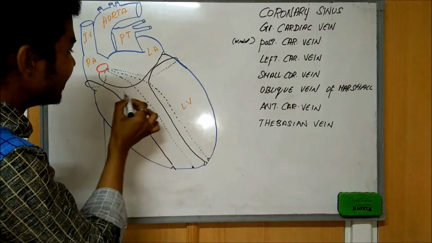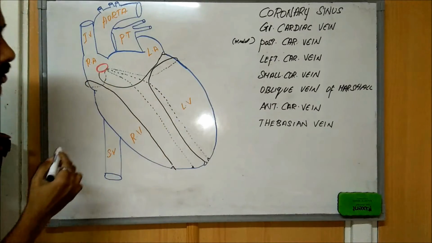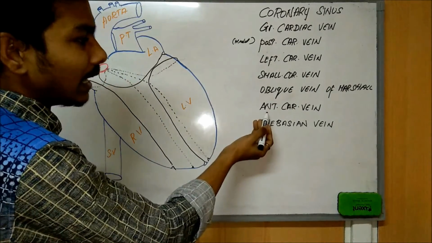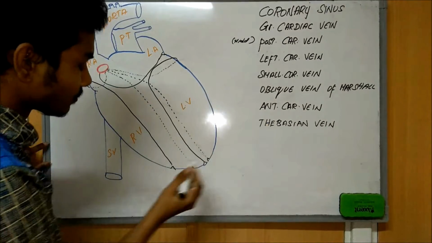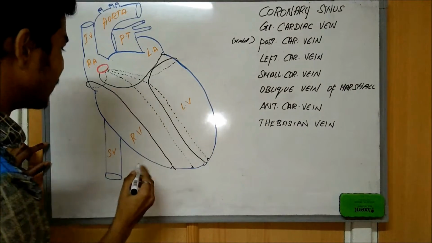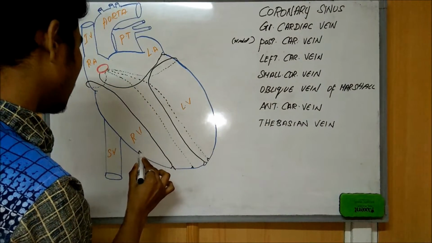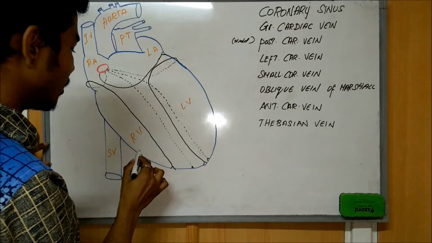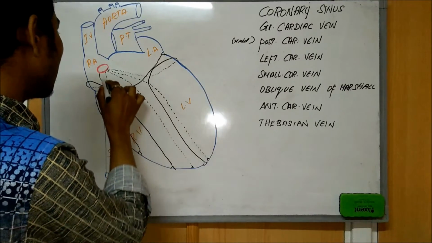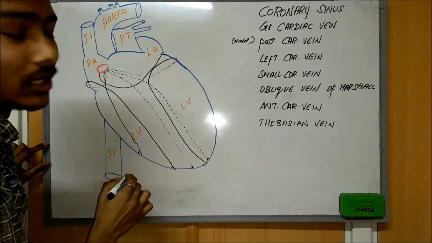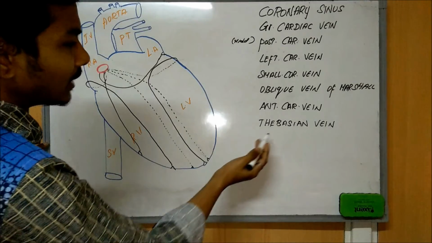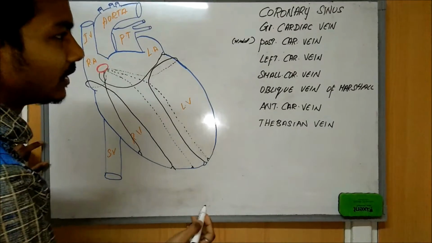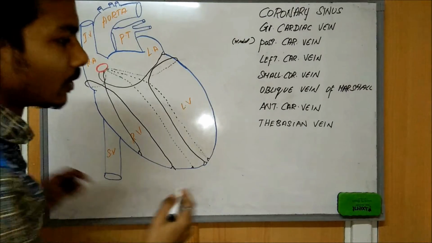It comes obliquely, and then drains into the coronary sinus. The marshal vein or oblique vein arises in the left atrium, comes in an oblique manner, and then drains into the coronary sinus. The anterior cardiac vein, which arises in the left ventricle, drains directly into the coronary sinus.